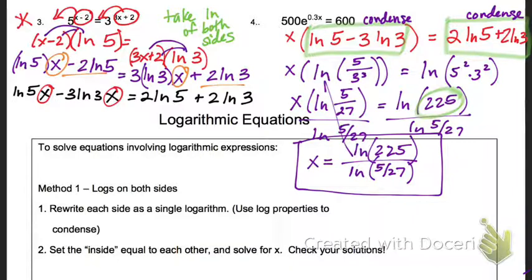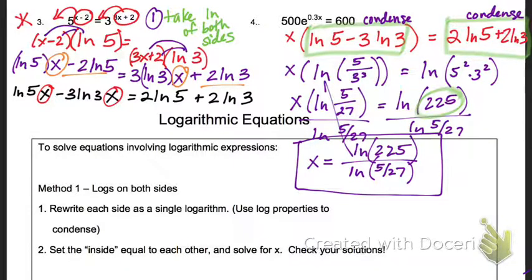Yes. So going through the steps again, just kind of put your pencils down and watch me. Going through the steps, take the natural log of both sides. From there, it is just algebra, just like solving an equation. So take the natural log of both sides. So that's step number 1.